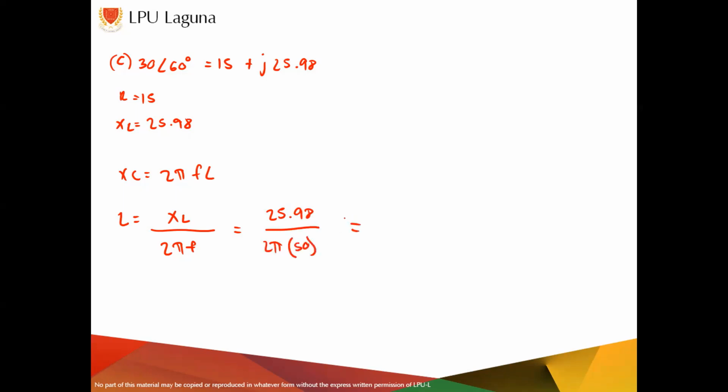The answer is 0.0827 Henries or 82.7 millihenries. That is the answer.